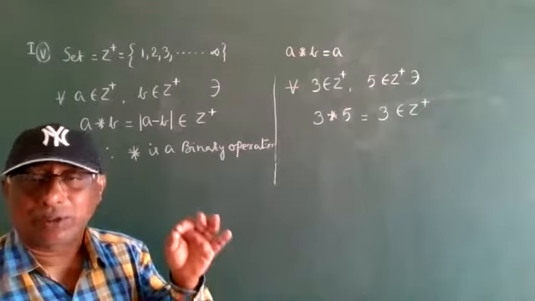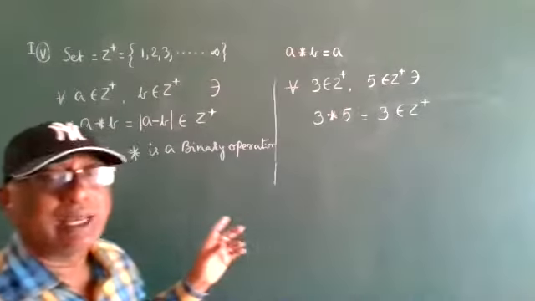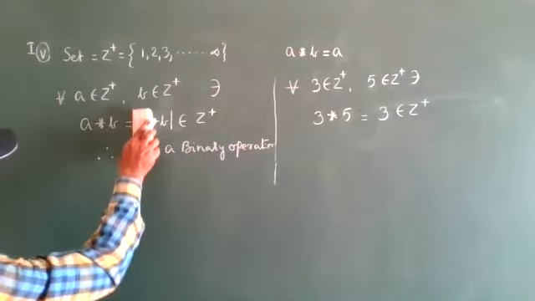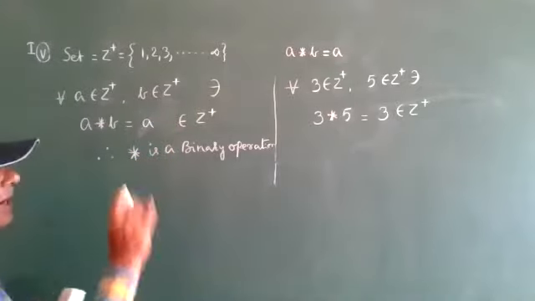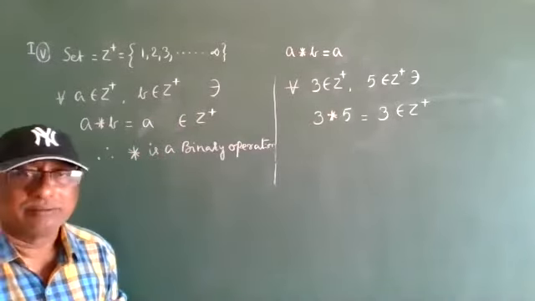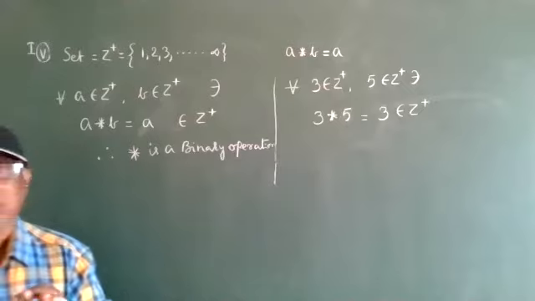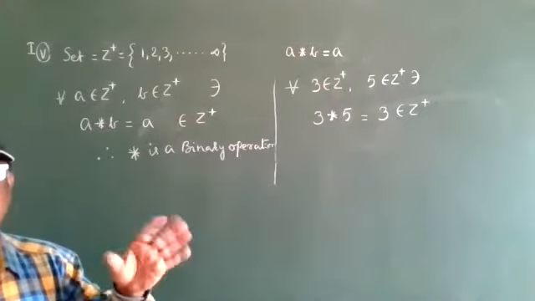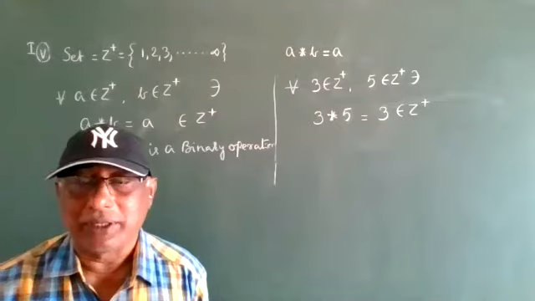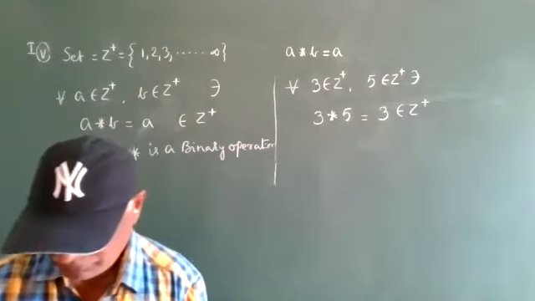It belongs to Z plus, therefore it is a binary operation. So one example and a theory part should both be completed. Clear now, everyone?